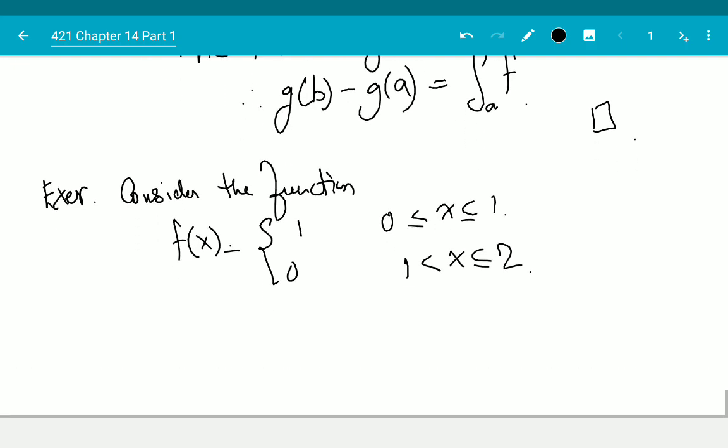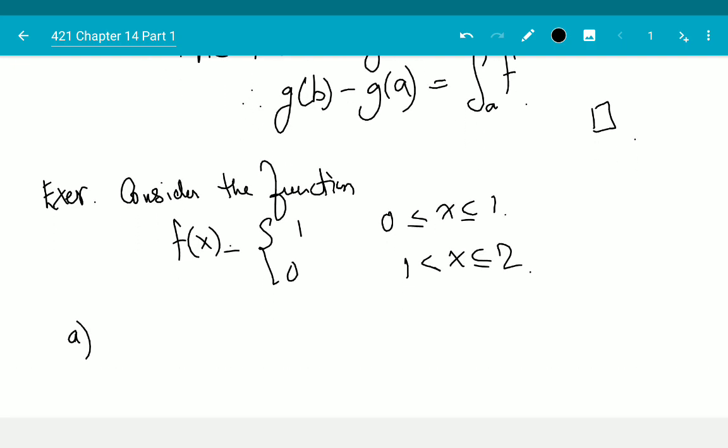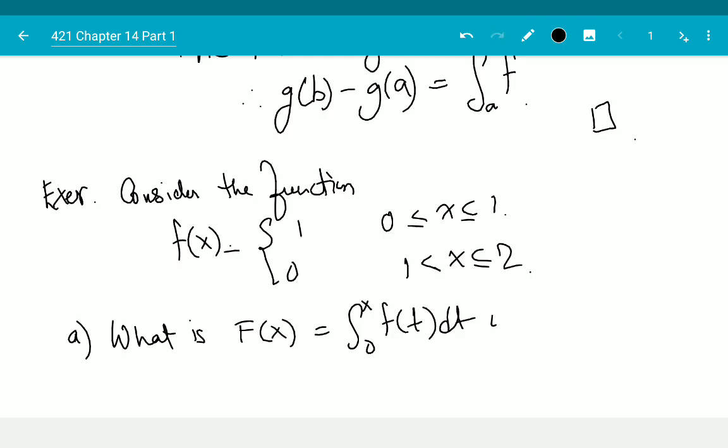Great. Part a: what is capital F of x, equal to the integral from 0 to x of f of t dt, on [0, 2]?